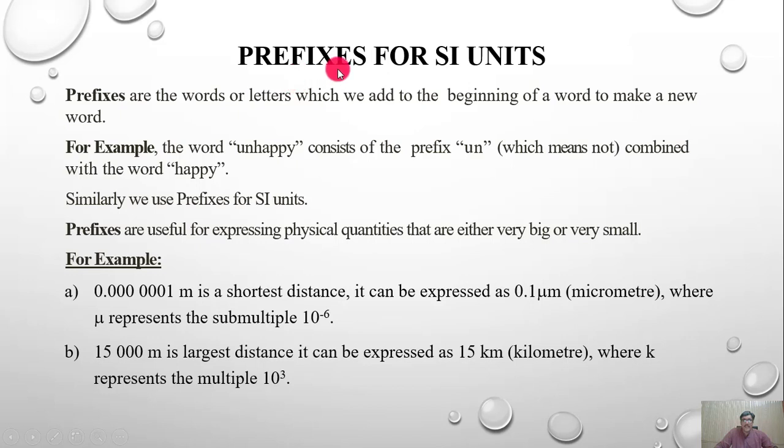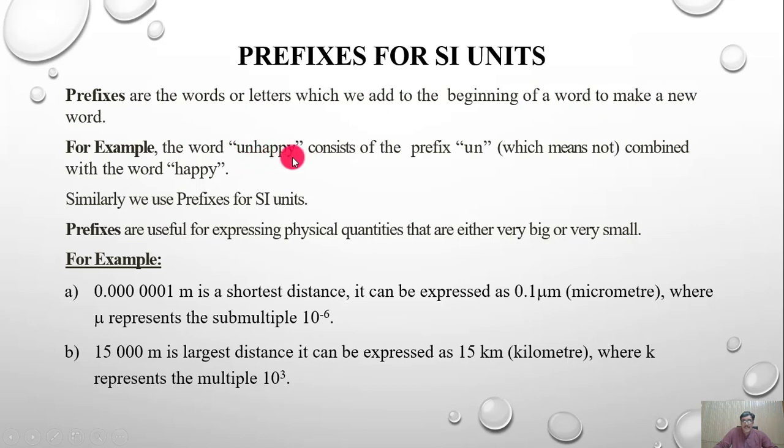Now we are going to talk about prefixes for SI units. Prefixes are the words or letters which we add to the beginning of a word to make a new word. In simple words, we add some letters before a word and it becomes a new word; that is a prefix. For example, the word unhappy.